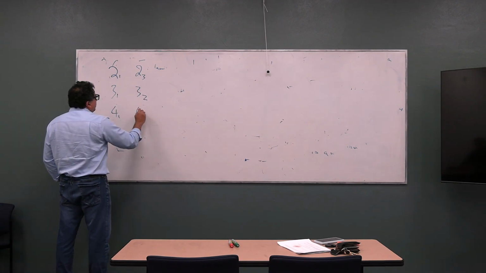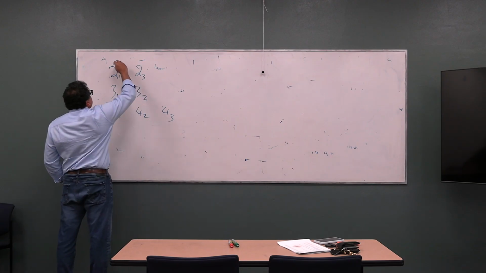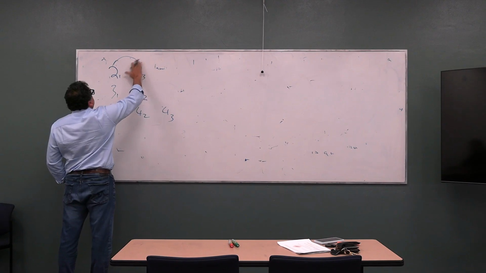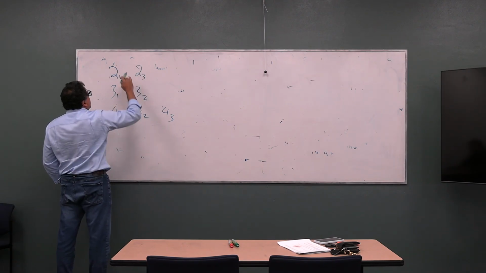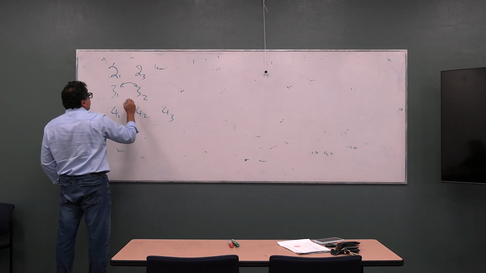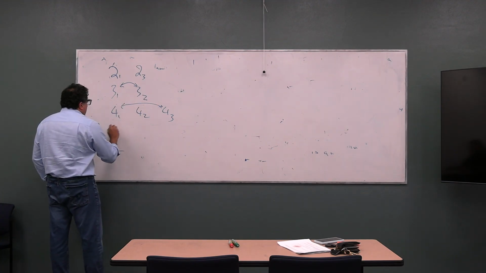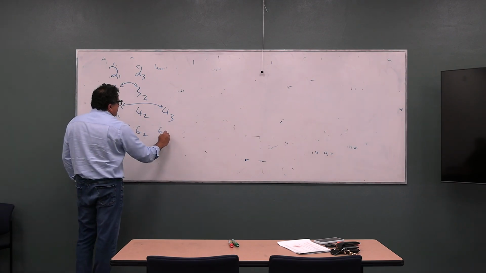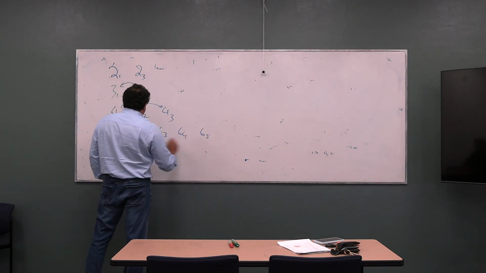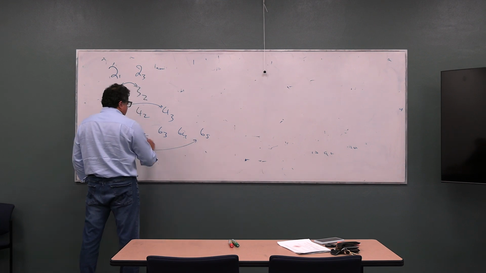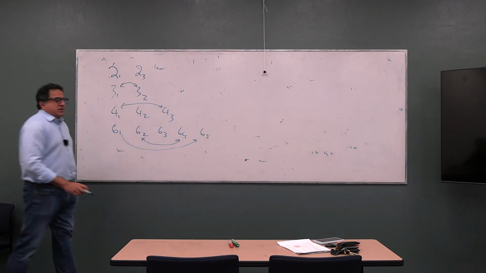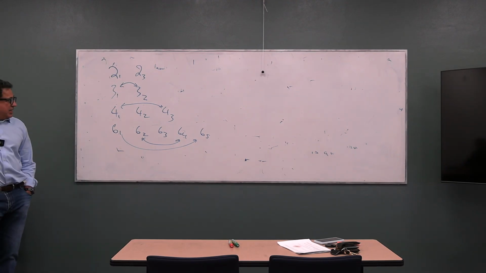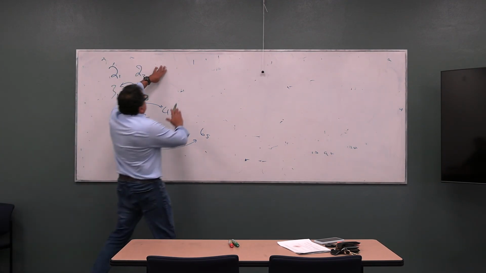We have a 4, 1, 4, 2, 4, 3. And by the way, these are related. 3, 1 and 3, 2 are related. Again, we don't have 5. We have 6, 1, 6, 2, 6, 3, 6, 4, 6, 5. These are related. Okay, so these are all the screw axes.